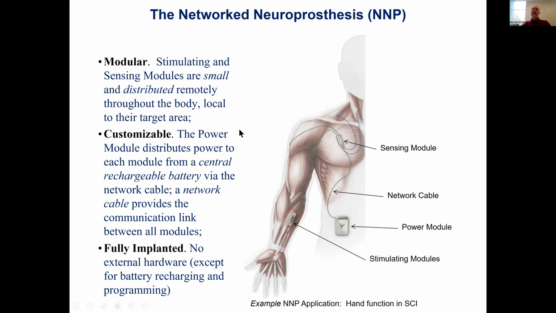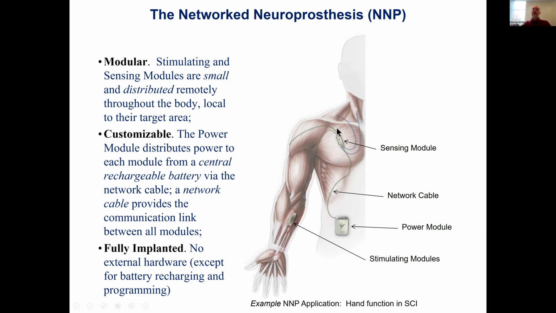And the idea was to create a modular network of implantable devices with different features, but to basically have a platform technology that you could then mix and match different sensing and stimulating capabilities, maybe other capabilities as well, but that would all be fundamentally based on this network concept.